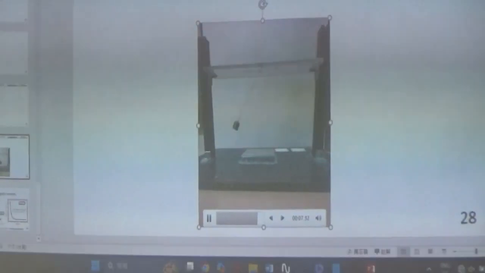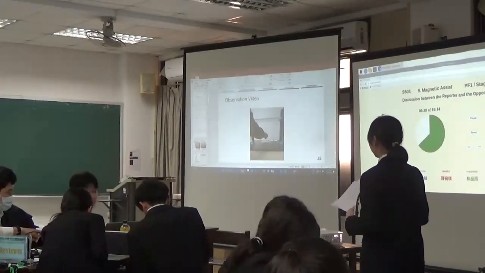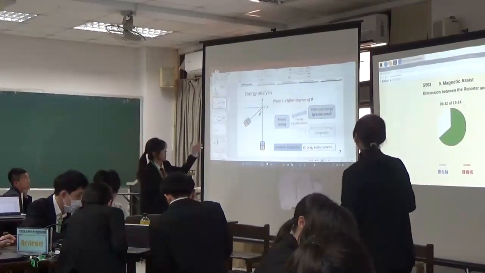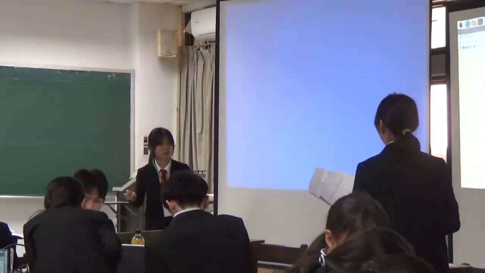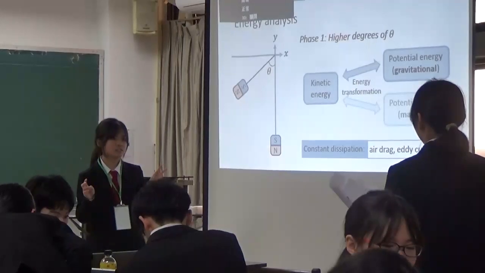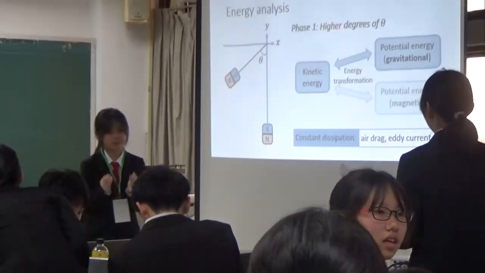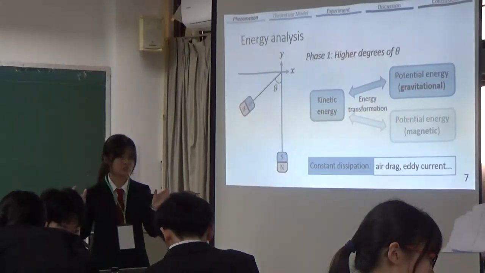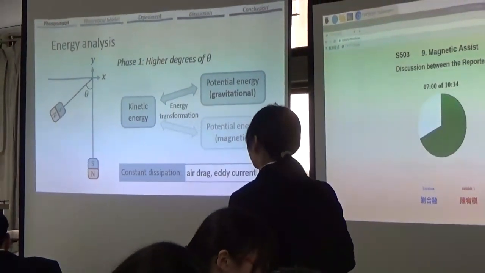Because you talk about it. We assume that when it is in a higher degree of theta, it will be similar to a simple pendulum. And the reason why we separated the simple pendulum and the effect of magnet is just because we want to analyze the force separately.